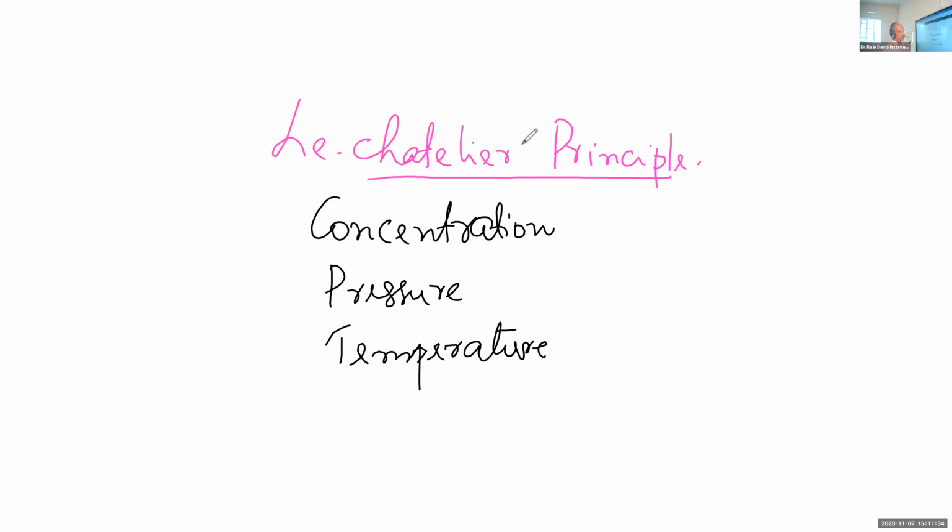So a reversible change is at equilibrium with respect to concentration, pressure, and temperature. Now, if you change any one of these variables, that is, you change the concentration, or the pressure, or the temperature, then what will happen to the equilibrium? The equilibrium adjusts itself so as to cancel the change in the variables.